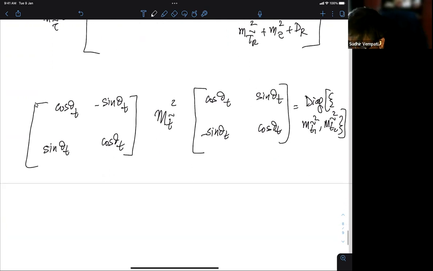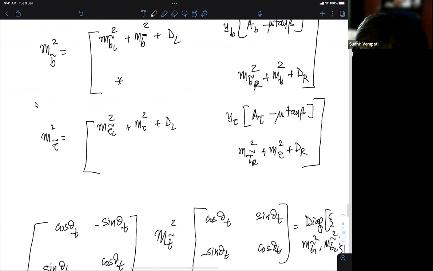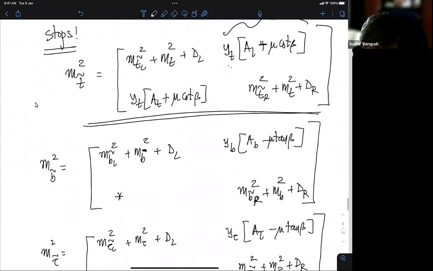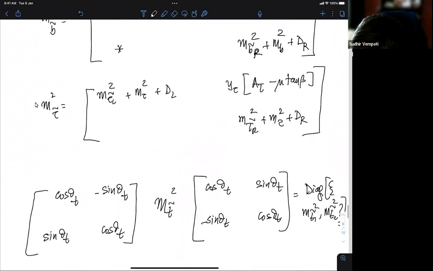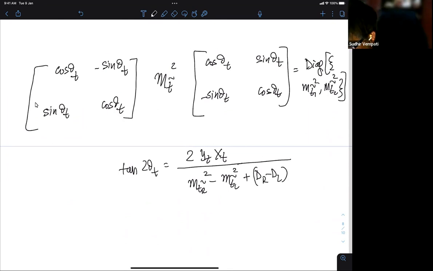So now, how is this theta defined? tan 2 theta_t is equal to 2 y_t x_t divided by essentially m_stop_R squared minus m_stop_L squared. Then there is also D_R minus D_L, and the top mass just cancels off essentially.